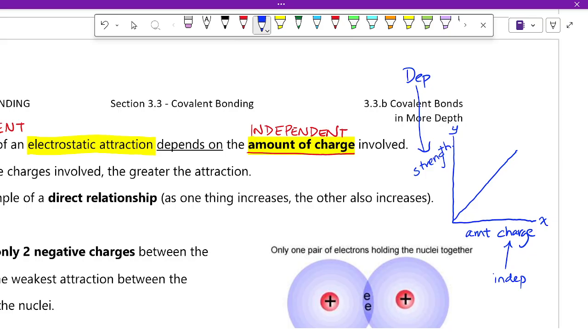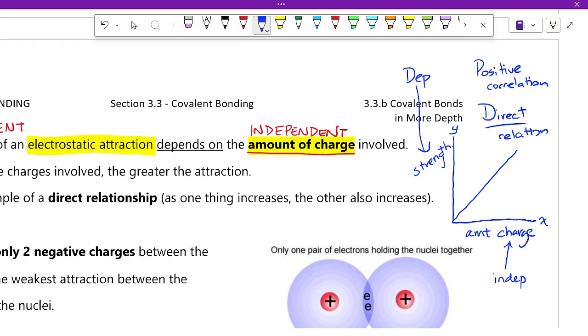And is that a positive correlation or a negative correlation? That is a positive correlation. Is that a direct or an inverse relation? That is a direct relation. Okay, and so that's what the charge graph looks like.